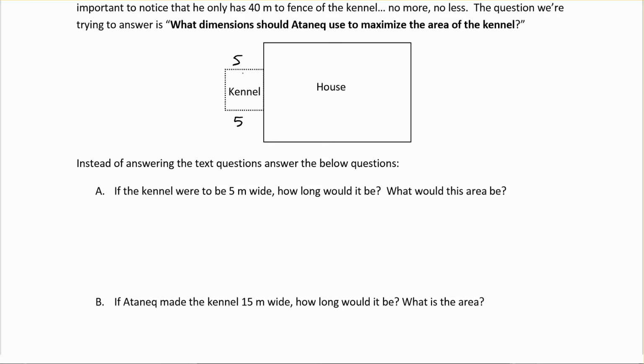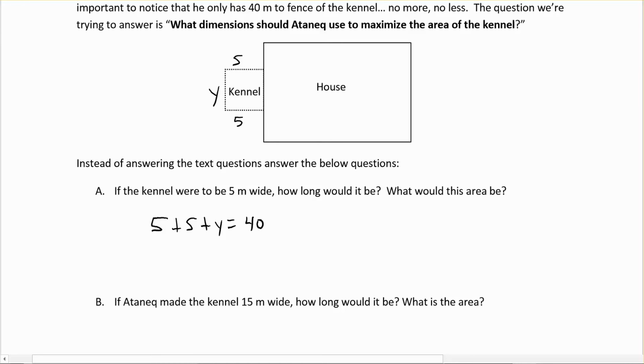If we made a little equation of this, I'm going to call this side y for now, just any variable. I can say, well, this side 5 plus the 5 up there plus my y. So 5 plus 5 plus y. I know they all have to equal 40.